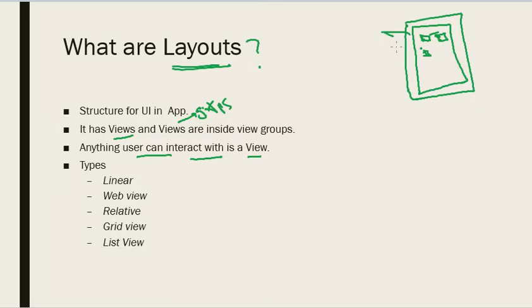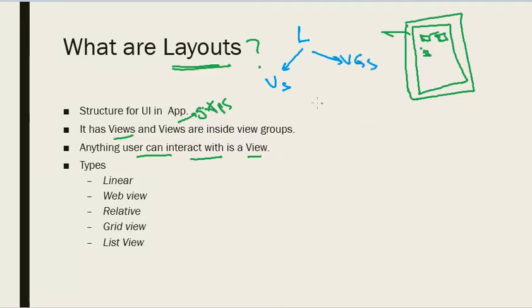So how can we make a diagram for this structure of layout and views inside them? Let's say you have a layout here, and inside this layout you have views, and then you have view groups also.